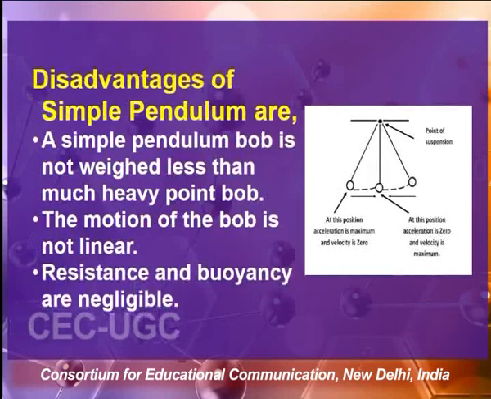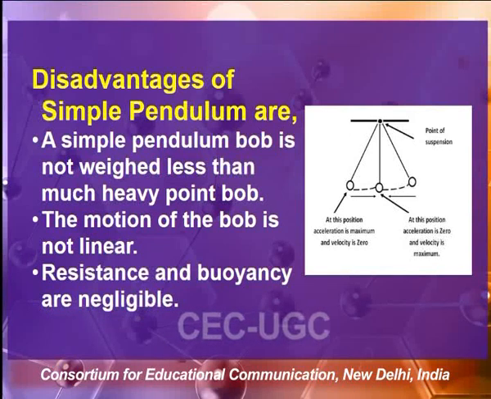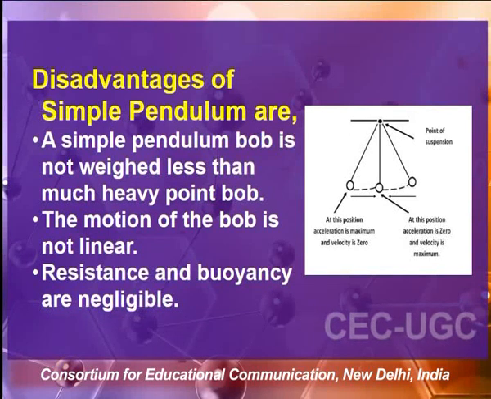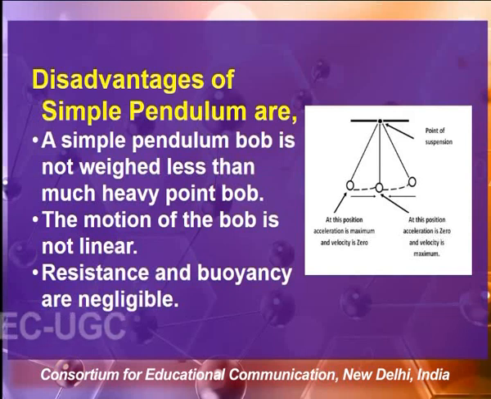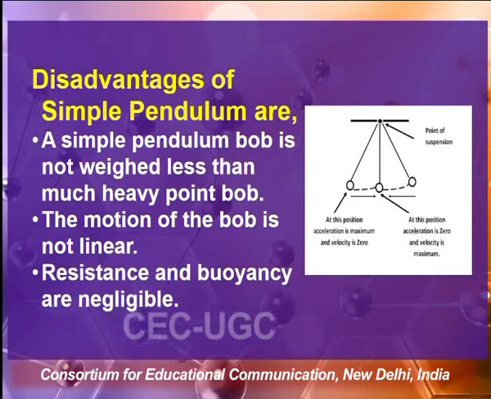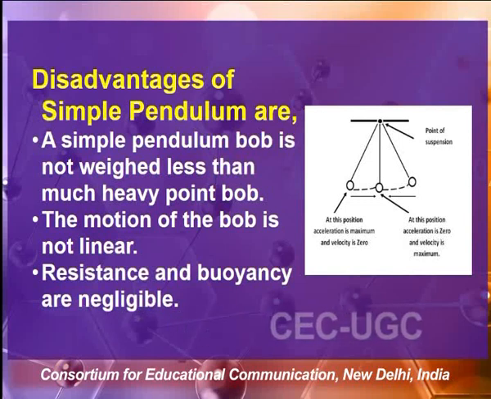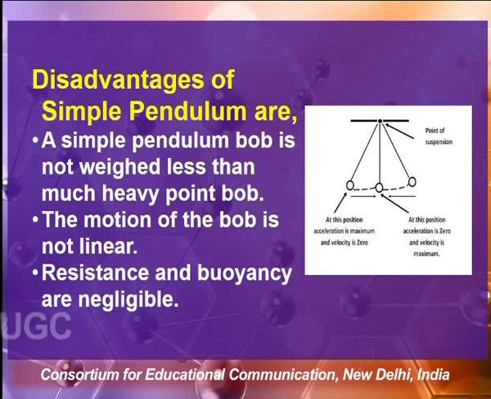Now there are also some disadvantages of the simple pendulum. A simple pendulum bob is not weightless, nor a heavy point bob. The motion of the bob is not linear, and resistance and buoyancy are neglected.